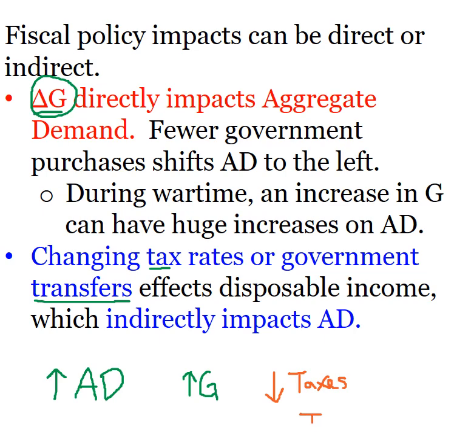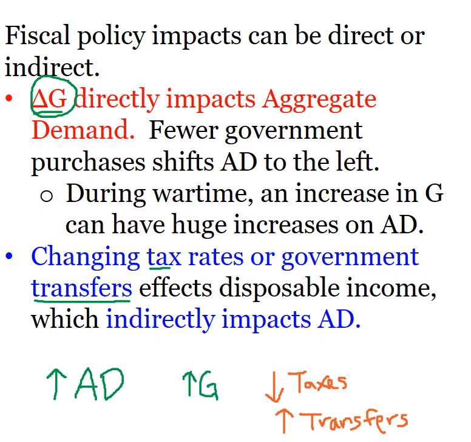Do we want to raise or lower transfers in order for us to have more aggregate demand? We want to raise them. Remember, that's what we were talking about on the last slide, that government spending and transfers work in the same way. If they go up, aggregate demand goes up. But taxes are the opposite. So in order for aggregate demand to go up, taxes have to go down.